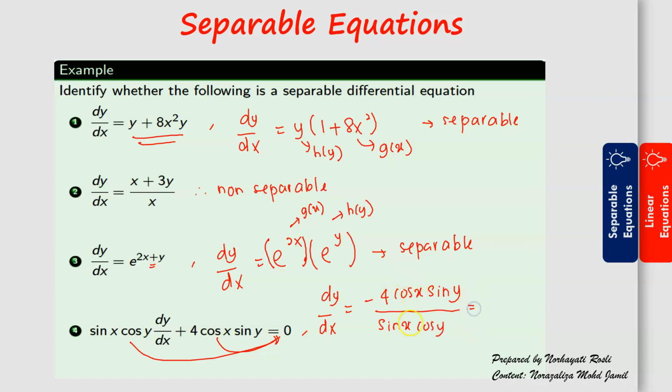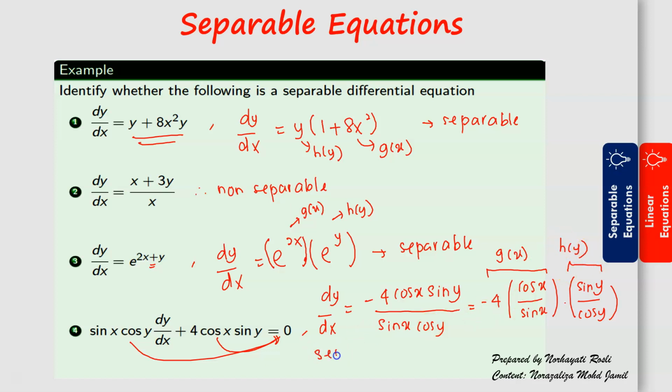I can factorize this equation: negative 4 cos x over sin x times sin y over cos y. This one is in terms of g(x) and this one is in terms of h(y), which means that in this case it is separable, because we can write our equation as a dependent variable function times an independent variable function.